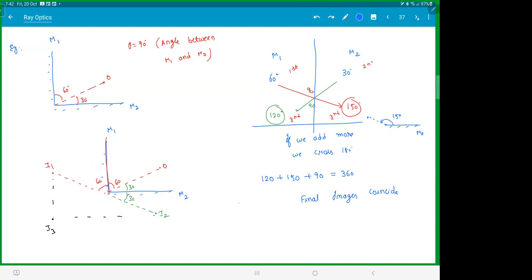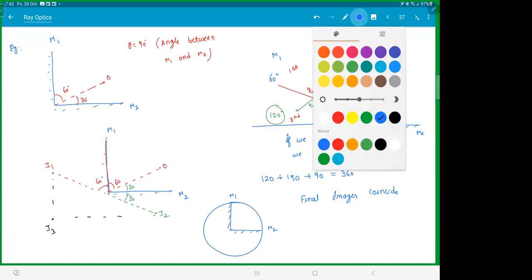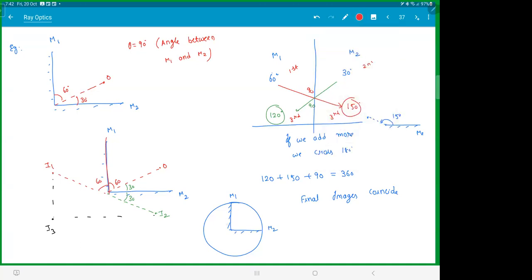So if I take a circle, I think you'll understand better. See, M1, M2. Look at this thing. The first image, 60 degrees from M1. The second image, 30 degrees from M2. That is the meaning. You can count like this. The third image is 120 degrees from M1.